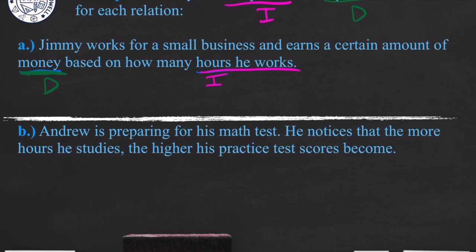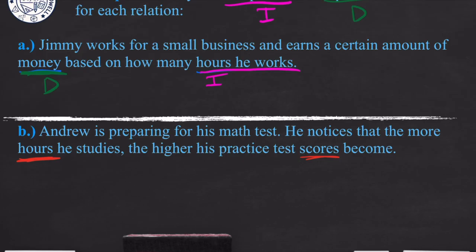Okay, well, let's identify what's going on. He's spending some hours. And he is also finding out a score, right? He's comparing the hours he spends to the scores he's getting. Well, the more hours he's doing, the better the scores.